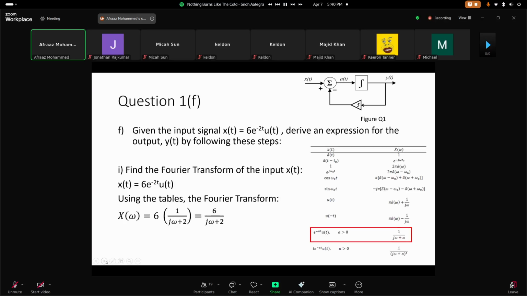All right, first let us look at finding the Fourier transform of the input x of t. Again, x of t is equal to 6e to the minus 2t u of t. And to get this transformation, we look at the tables. So let us have a look at the tables ourselves.